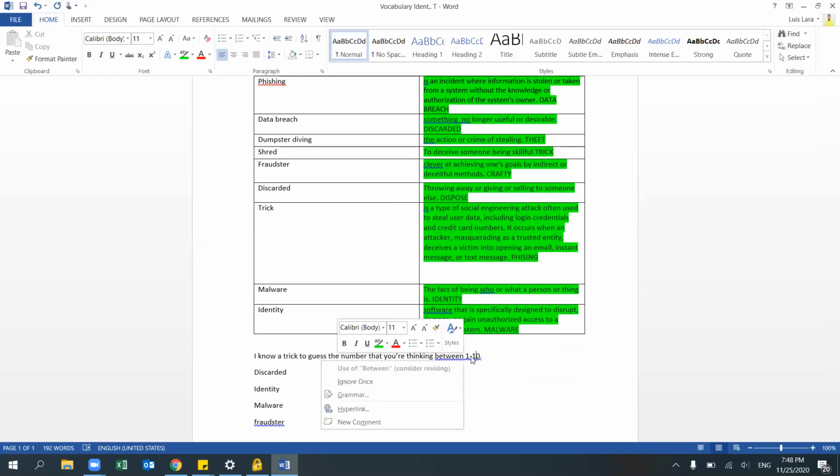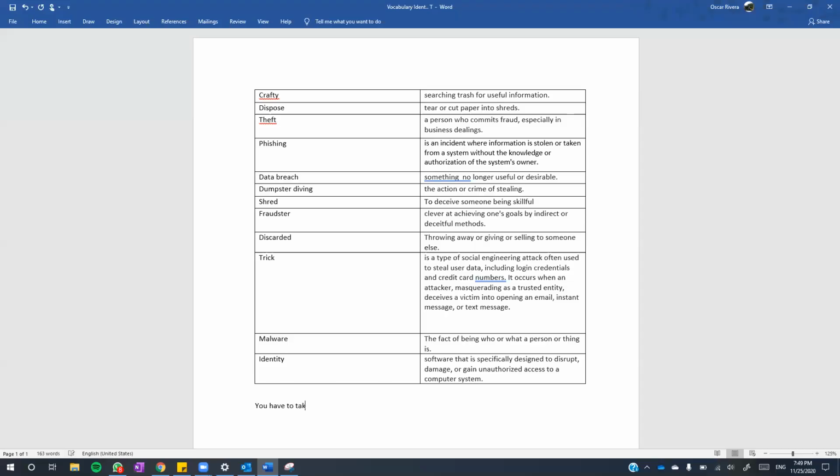So for discarded, let me check. You have to take care of the address or link that you search, because some websites that you visit have malwares.